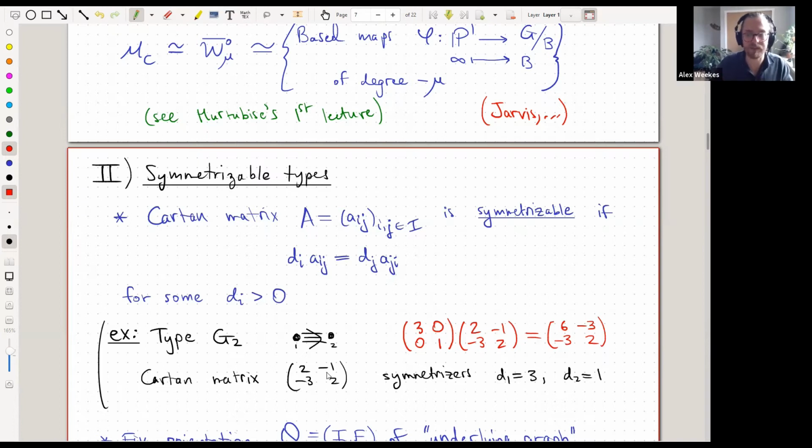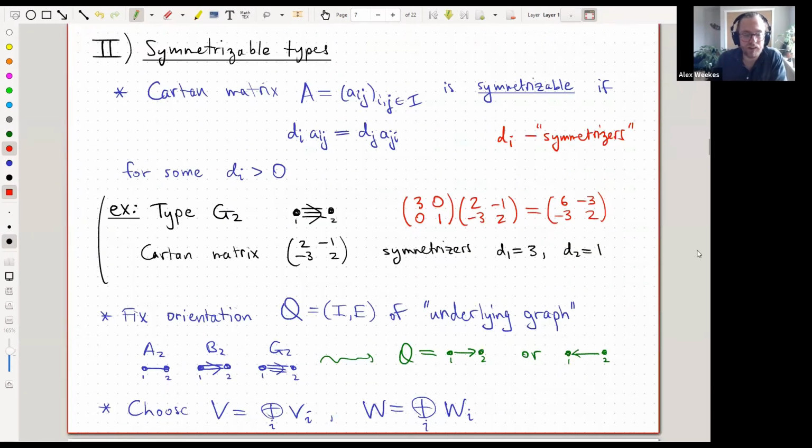Any finite type is symmetrizable, but in general, a Cartan matrix for a Kac-Moody type might not be. So we want to make this restriction that we're looking at symmetrizable things, because these numbers di, which are called symmetrizers, because these were in the title of my talk, play an important role.